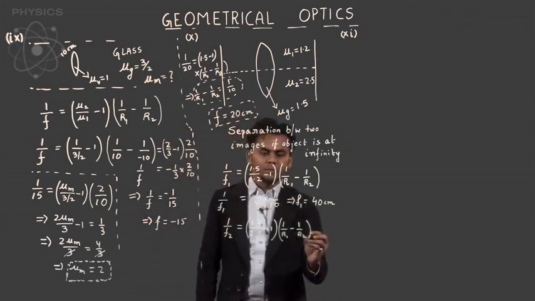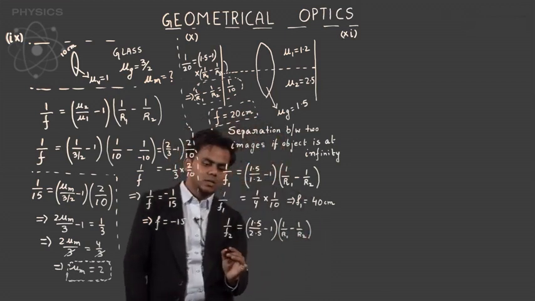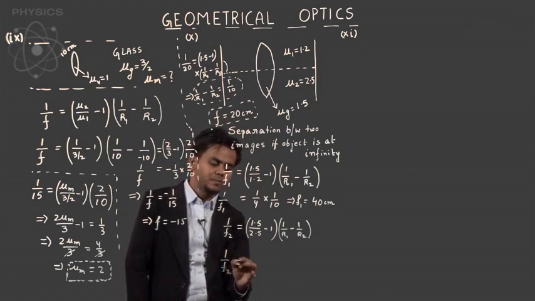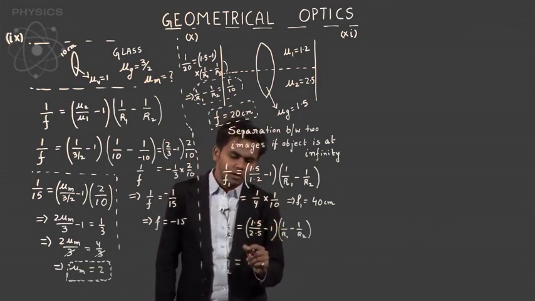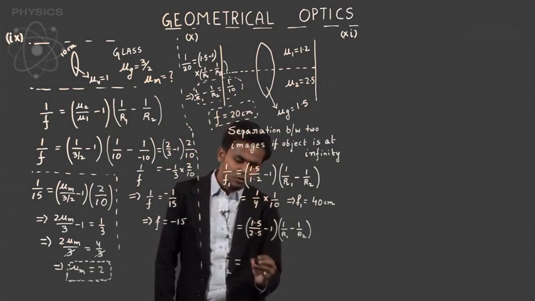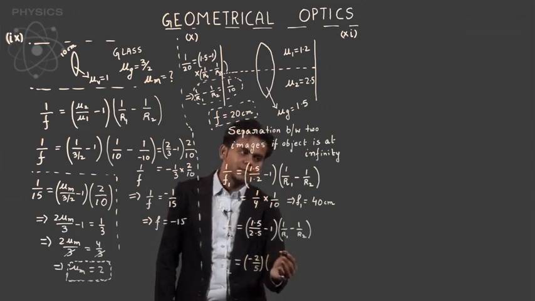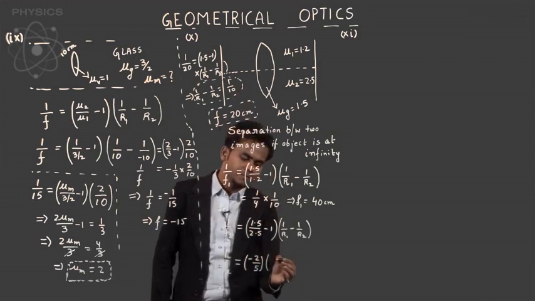Plug in that value. What you will get is 1 by f2 is equal to 15 by 25, because decimal goes away. So this becomes 3 by 5 minus 1, which is minus 2 by 5, into 1 by 10 from here.